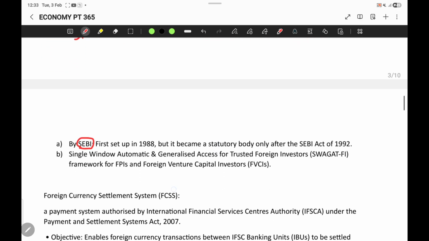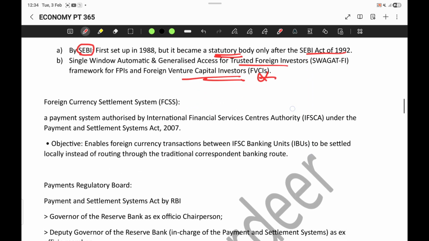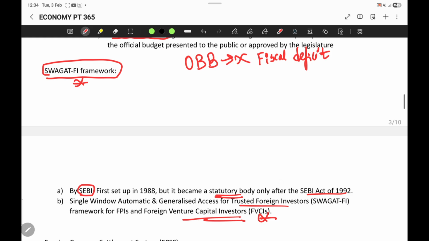What is this Swagat FI? It is a Single Window Automatic Generalized Access for Trusted Foreign Investors, a framework for FPI and foreign venture capital investors. Venture capital investors are investors who focus on startup companies. Just know this term, Swagat FI framework, related to foreign investors, SEBI.